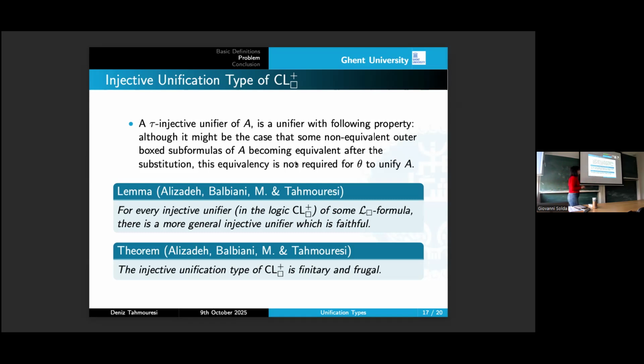So we can say that it is not important for our unification type, if those two boxes become equivalent in the process of unifying.